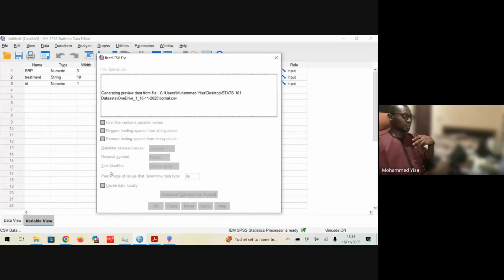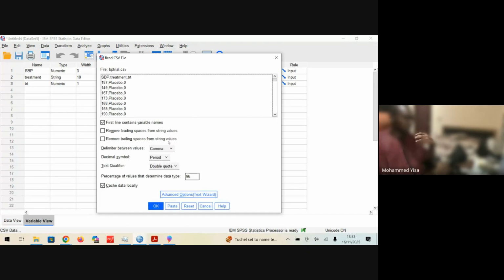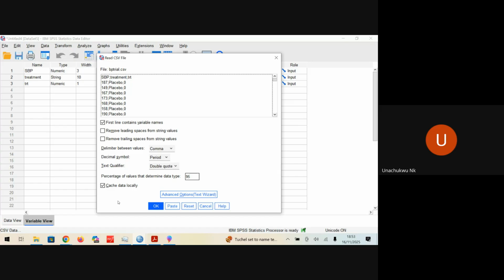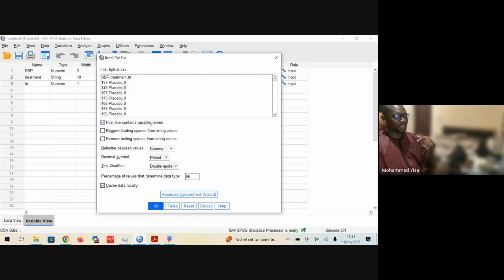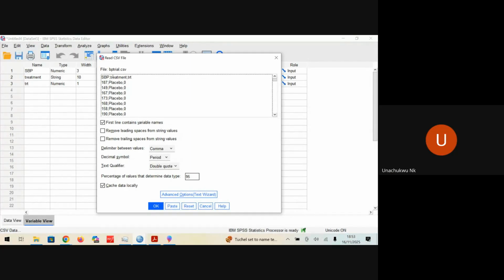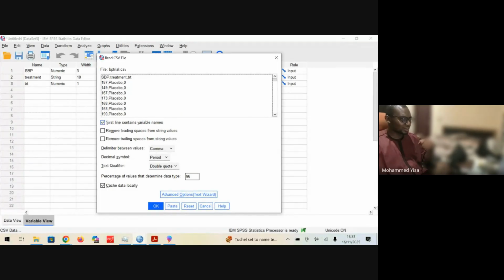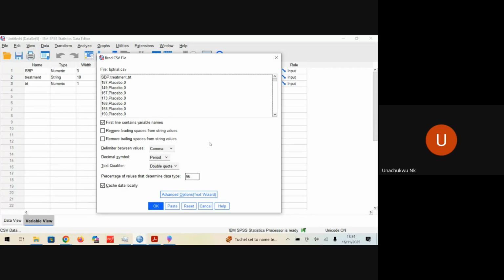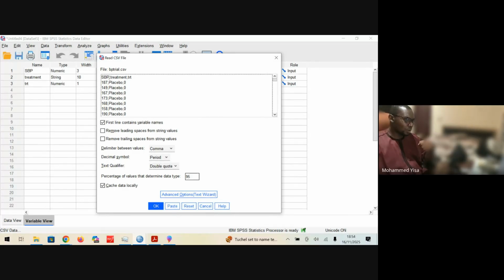Sometimes you just say open and click OK, and it will appear the way it's supposed to appear. Sometimes it will not, because you have not selected some options. In the case of this data set, the first line is the name of the variable. So you click this to say the first line is the name of the variable. In addition, we are using comma to separate the columns from each other.